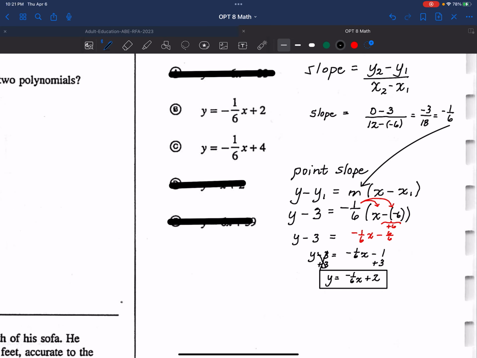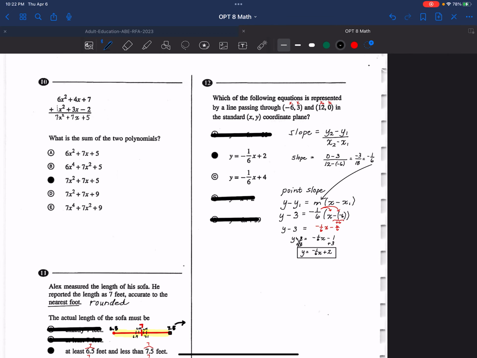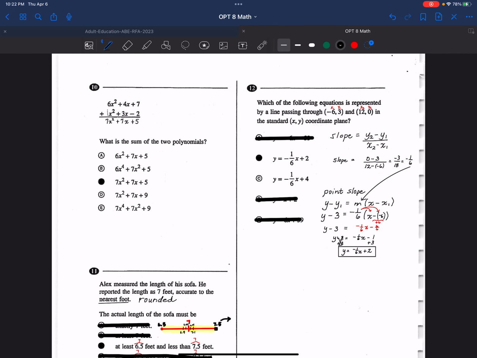It's B. So even if you could only get the slope, you could narrow it down to B or C, and your chances of guessing would be a lot better there. But if you want to finish it the way it's intended to be done, you would need to know both the slope and the point slope formulas.